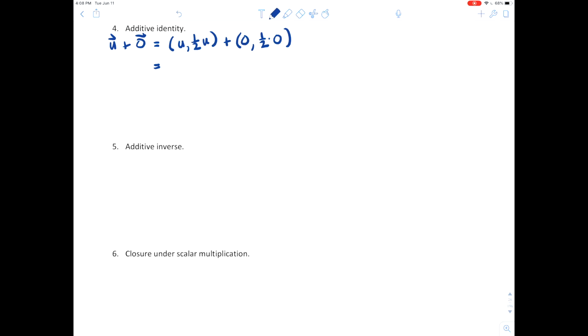Beautiful, the definition of vector addition, we'll have u plus 0 comma 1/2 u plus, well, what's 1/2 times 0? It's 0, right? Using algebra. And this was from definition of vector addition.